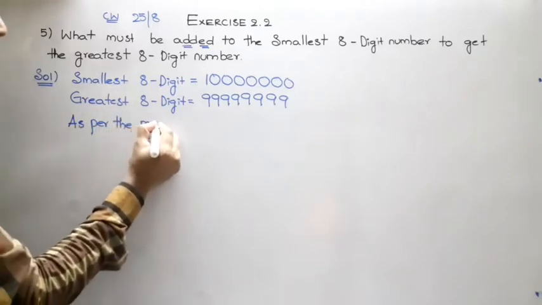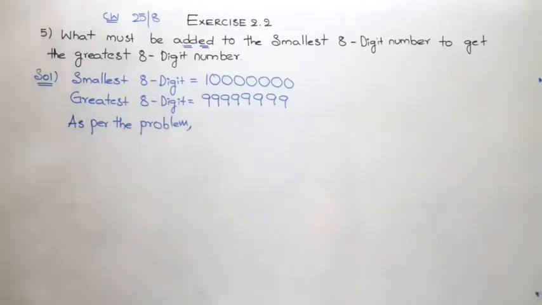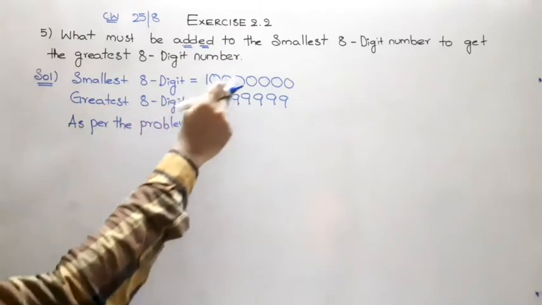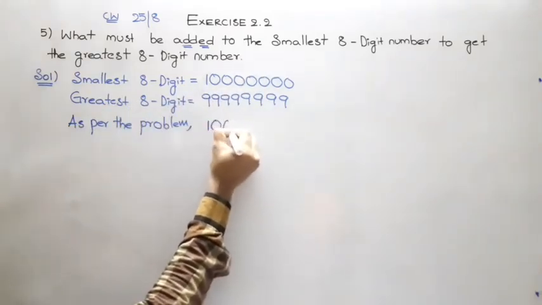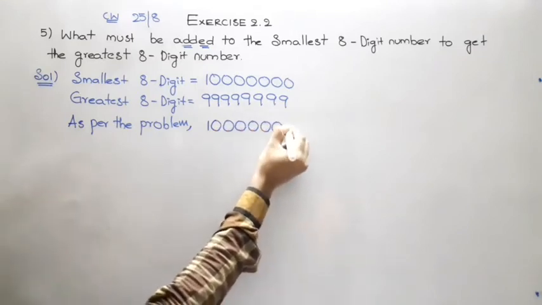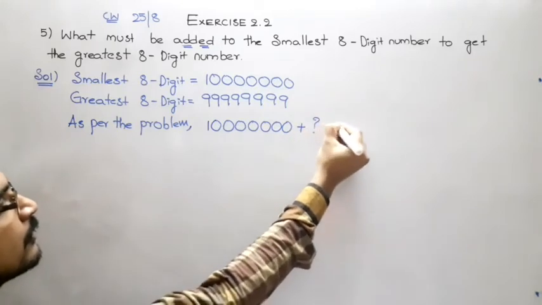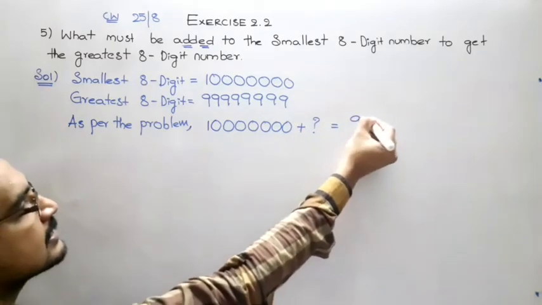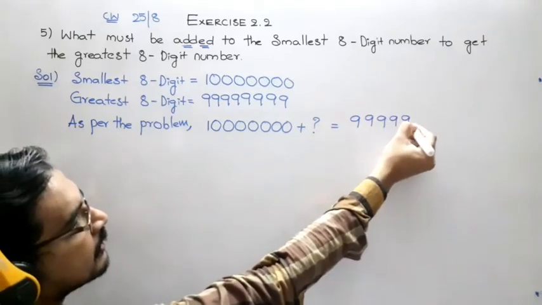As per the problem, what must be added to the smallest 8-digit number we already wrote, so that you will get the greatest 8-digit number?